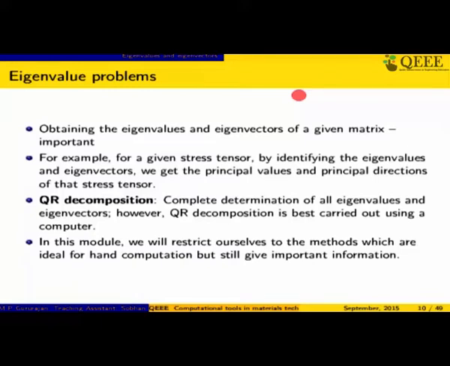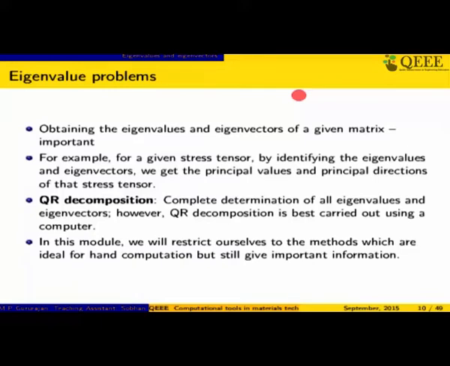Even though in a general tensor, when it acts on a vector, all the components might get involved, in the eigenvector frame of reference you can identify a special frame where the problem gets decoupled. That is the reason why we are worried about principal value and principal direction calculations.